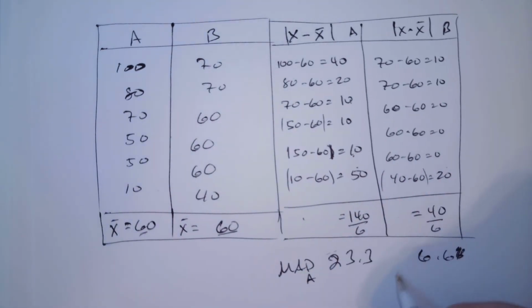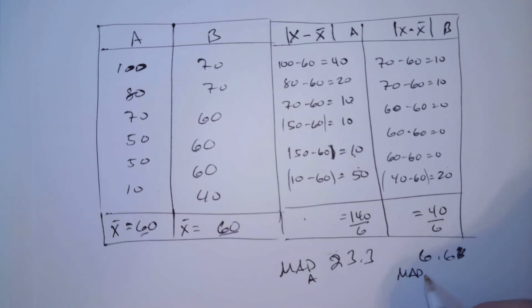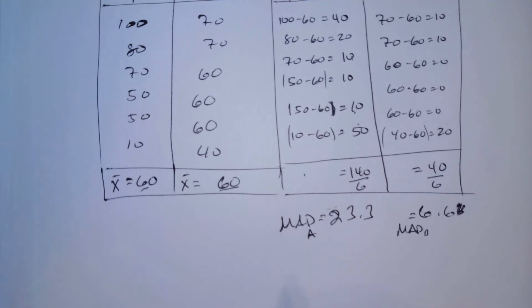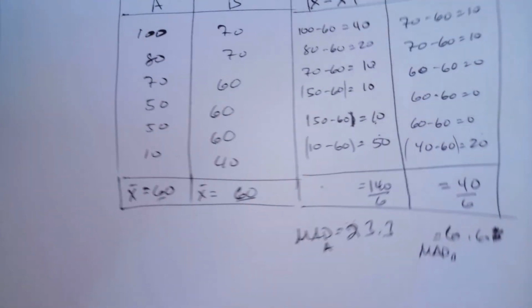MAD for group A, MAD for group B. So again, it tells us that group B is more compact. It's closer related to all the data sets. Let me see if I put that down there.